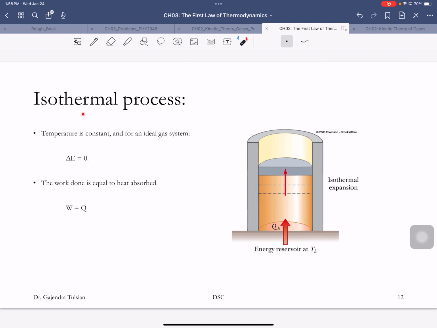An isothermal process. Okay, what's an isothermal process? Constant temperature. Okay. So here is the formula for internal energy for an ideal gas. So we'll talk about an ideal gas. N is the number of particles, and the kinetic. So let's say it's an ideal monoatomic gas.